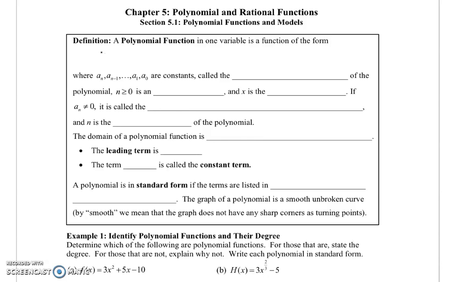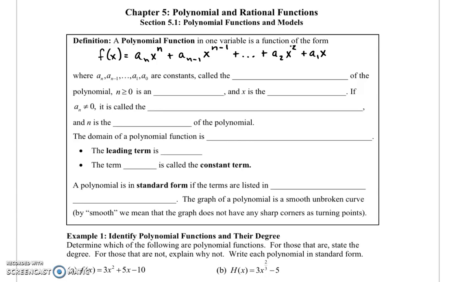A polynomial function in one variable is a function of the form f of x equals a sub n x to the n plus a sub n minus 1 x to the n minus 1 plus, and it keeps going until we get down to a sub 2 x squared plus a sub 1 x plus a sub 0.